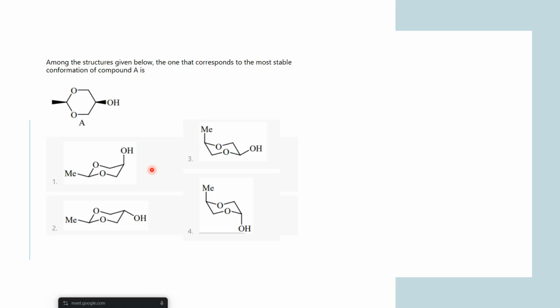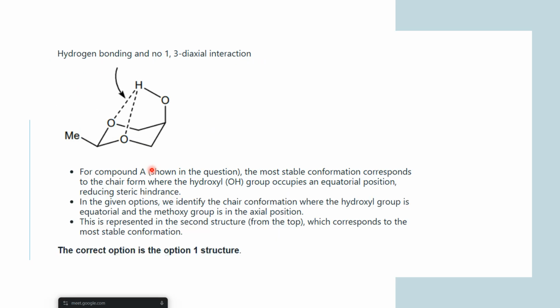But in this case, the hydroxyl group will occupy a position which will attain stability towards the conformation because of intramolecular hydrogen bonding. Okay, so this will look somewhat like this. Both the dioxane ring oxygen atoms will participate in intramolecular hydrogen bonding with the hydroxyl group.